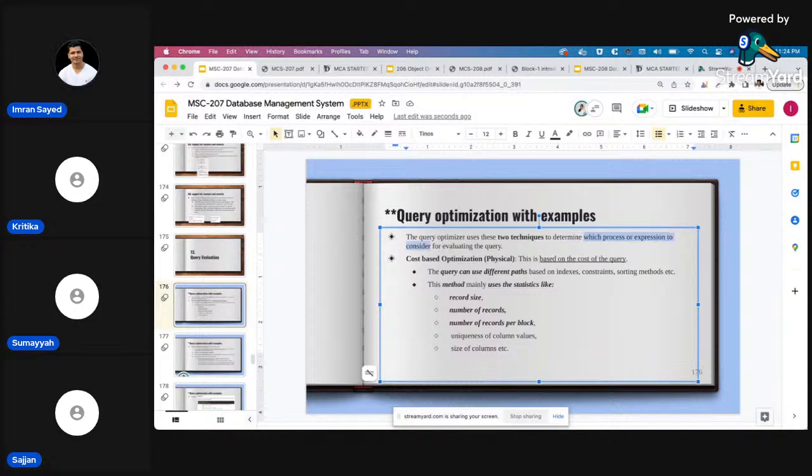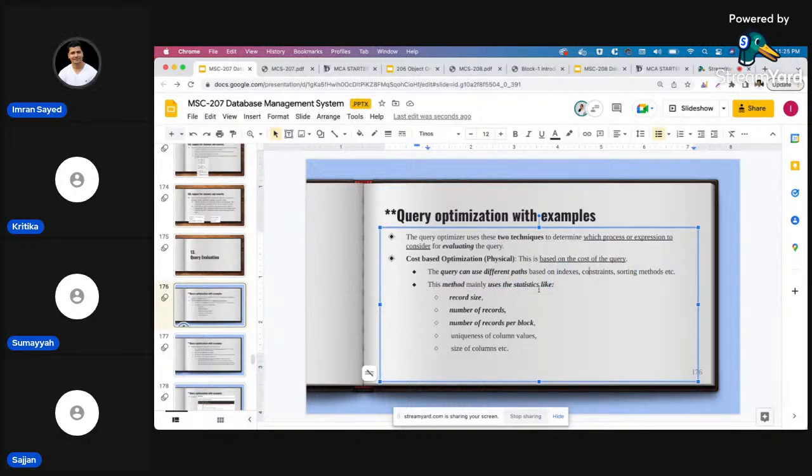Cost-based optimization. This is based on the cost of the query. The query can use different paths based on indices, constraints, sorting methods, etc. So to optimize, these are the paths it's going to use: sorting, indexing, constraint.